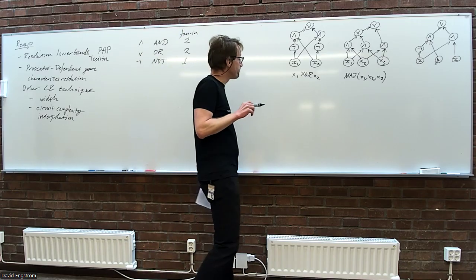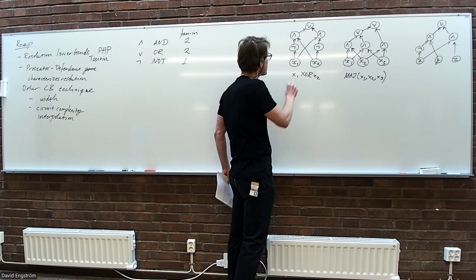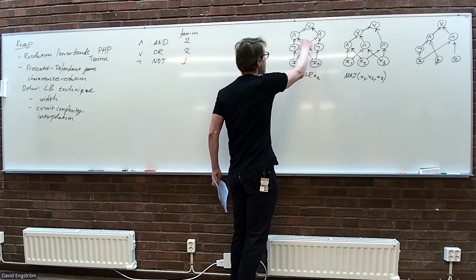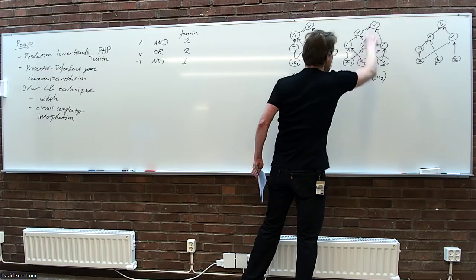What we care about now is the size of circuits. That's just counting the number of nodes. So the size here is 1, 2, 3, 4, 5, 6, 7. Yes, this is 1, 2, 3, 4, 5, 6, 7, 8.